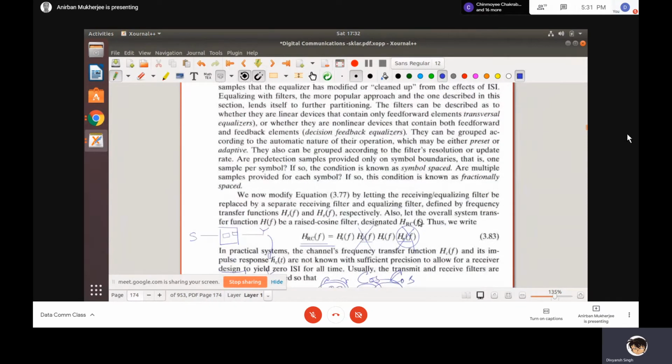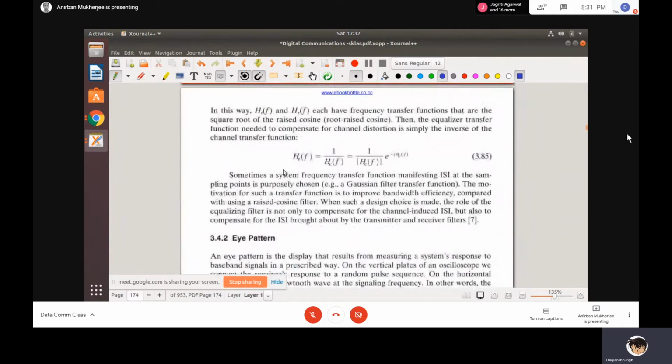And I am saying that the equalizer filter HEF will be 1 by HCF, that is 1 by mod HCF and e to the power minus jθ. Because the channel HCF equals mod of HCF into e to the power plus j something, and theta c is itself negative, it's a lag.